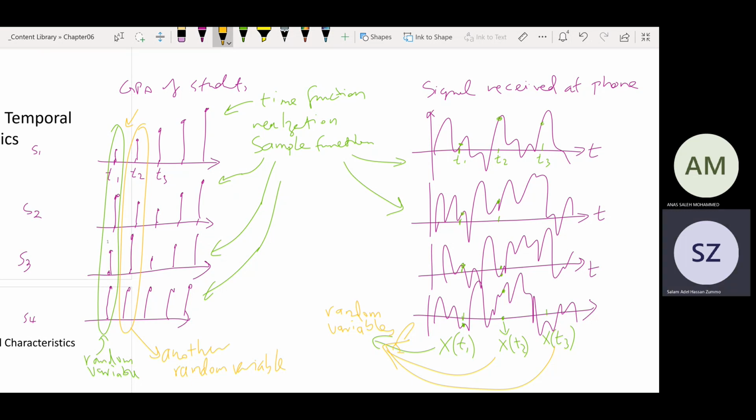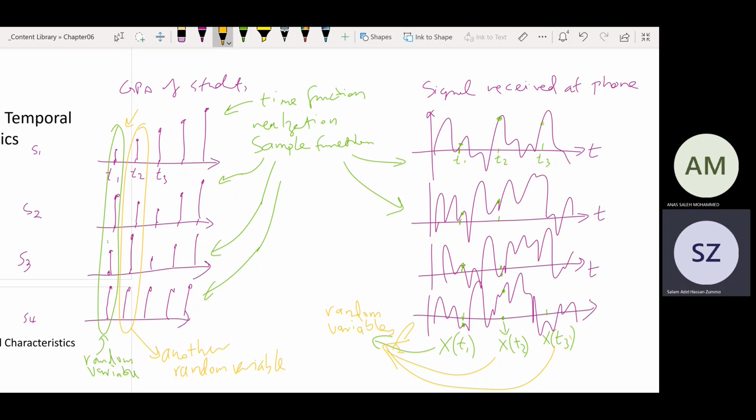So what is the relationship between these random variables? It will tell us whether the signal changes slowly or fast. If, for example, x of t1 is highly correlated with x of t2, it means the signal moves slowly. Whereas if there is no correlation, it means the signal changes at a fast rate.